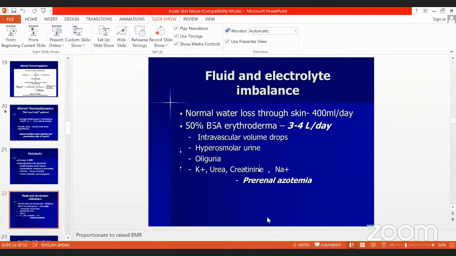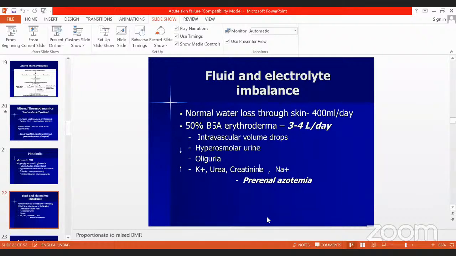The patient has hyperosmolar urine, and all the electrolyte imbalance takes place. So in a patient who's got acute skin failure, one of the things to look out for is loss of intravascular volume, hypovolemia, and electrolyte imbalances. That is why you'll see us asking for those investigations in these patients.